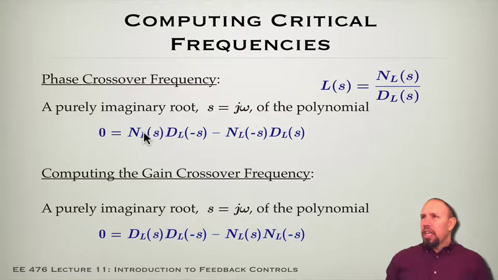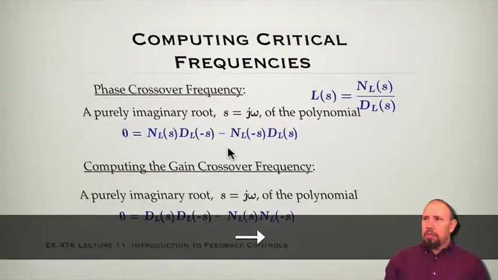Notice here I have the numerator of L and the denominator of L, so here we have d_L of minus s, here we have d_L of s, and so we have n and d here, and here we have d and d, n and n. These are different polynomials. They compute different things. We can go through and establish that these are in fact ways of computing those frequencies. So we now have ways of examining stability and robustness for these systems.